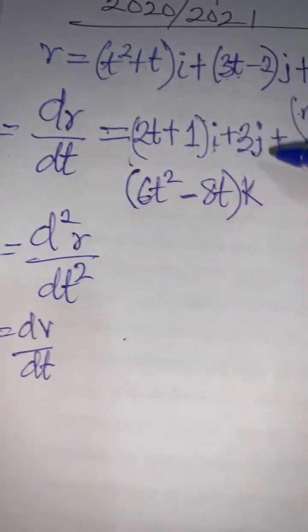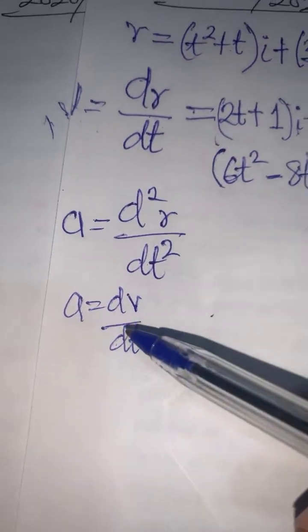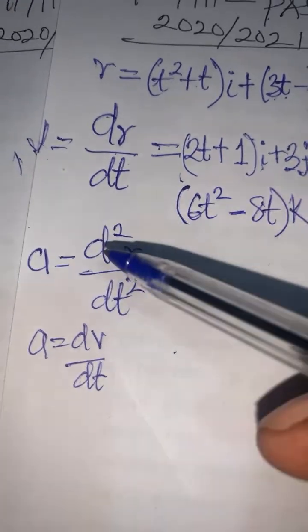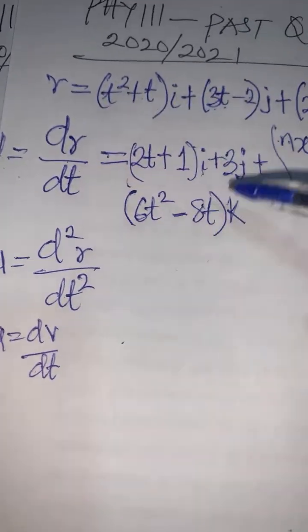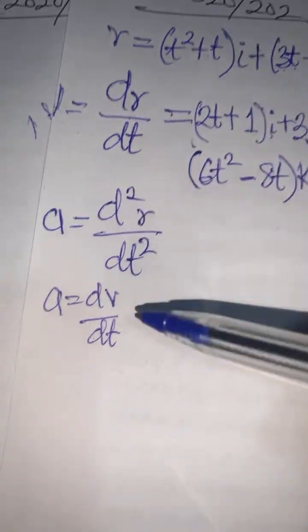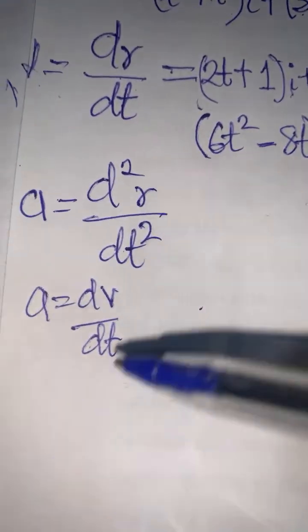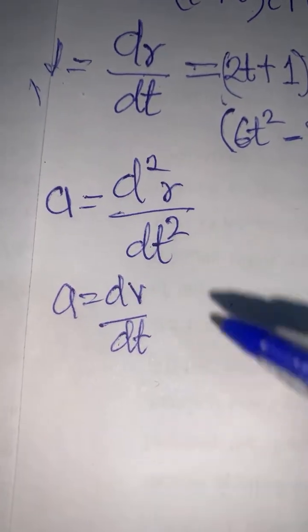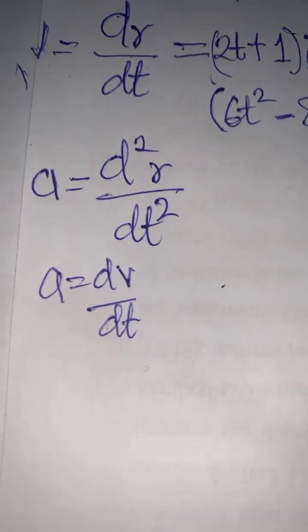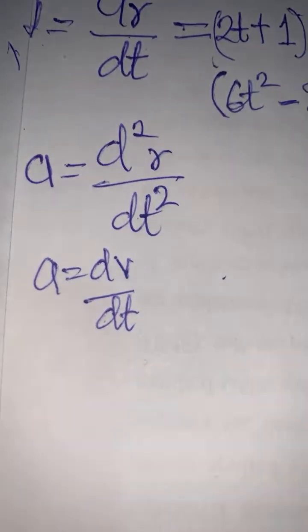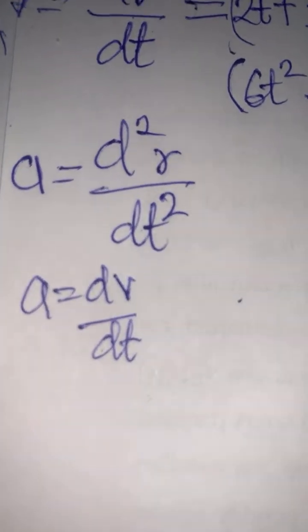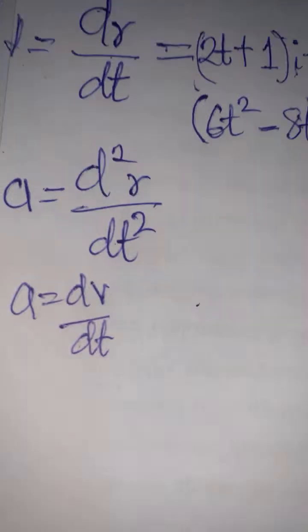Since this one is for velocity, then this means that you should differentiate this again. This one also means that you should differentiate this again. So either of them, any one that you can flow with, is the same thing. Two of them means you should differentiate again, and two of them means acceleration. I hope that is clear. Is it clear?